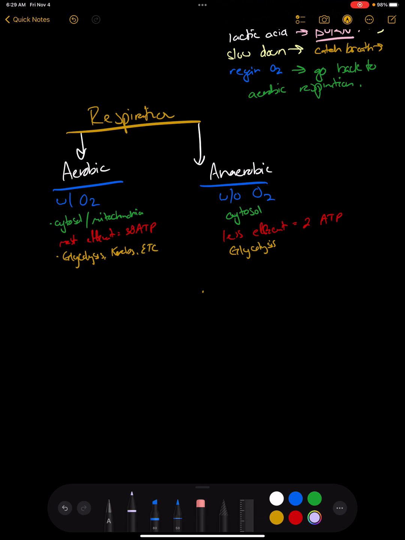And then in aerobic respiration, these are going to be all eukaryotes, so plants, animals, fungi, versus anaerobic. These are going to be prokaryotes, which are all bacteria, and then yeast cells and human muscle cells. Okay, there you go.